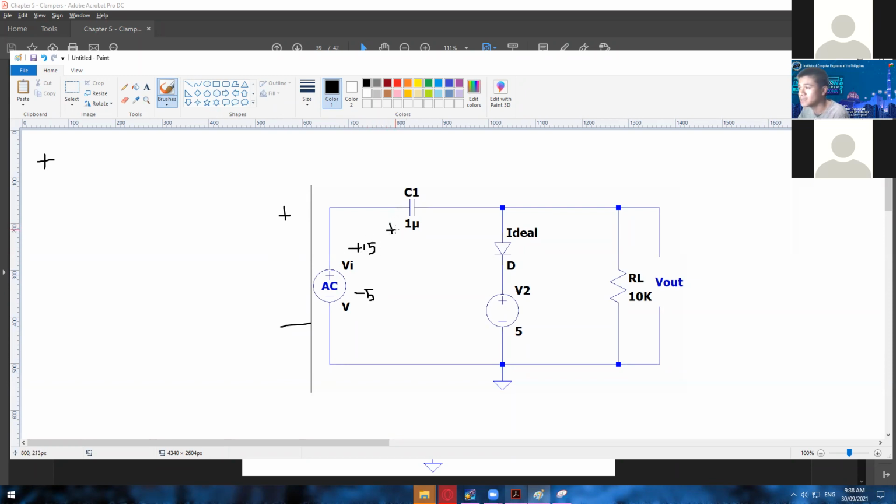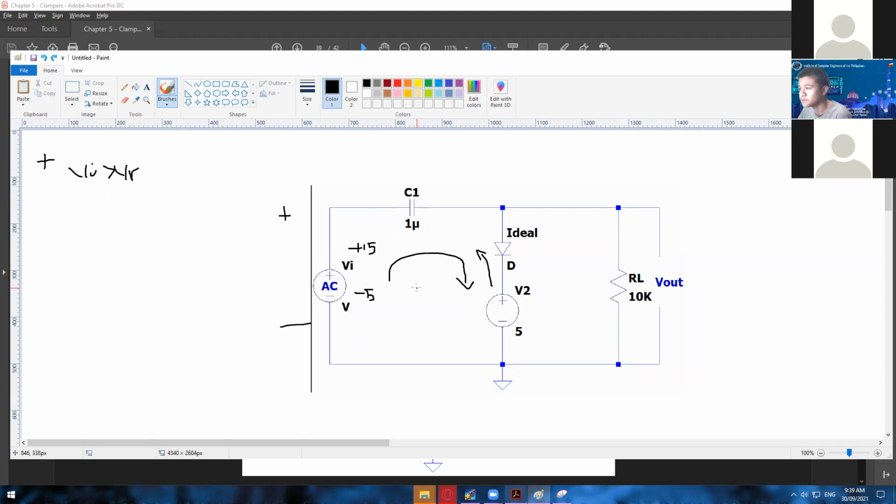This will be positively charged by our VI, or we can just use the one shot computation, which is VI is greater than VR, since this reference voltage is in a reverse bias connection with our ideal diode, so we cannot assume that this will be positively charged and then negatively discharged by this reference voltage. So we'll just use VI is greater than VR.